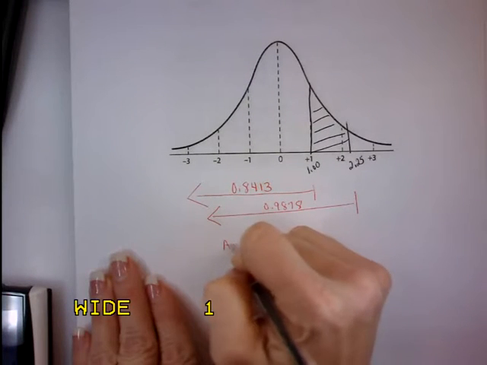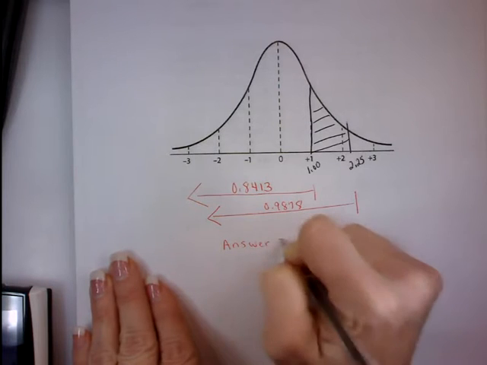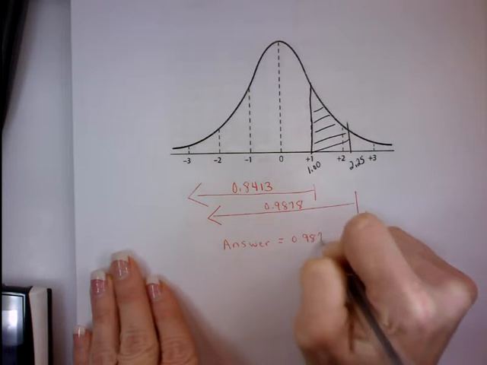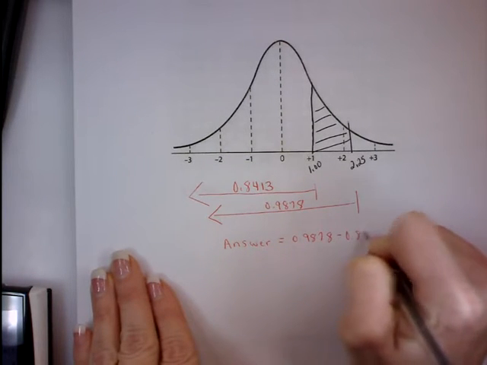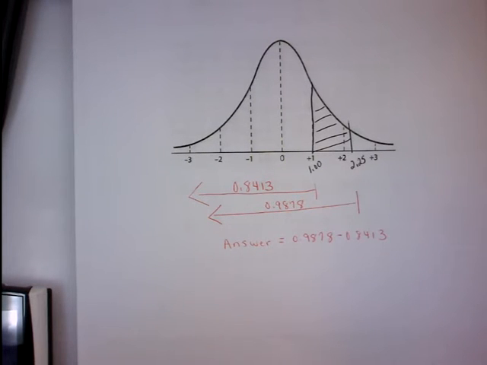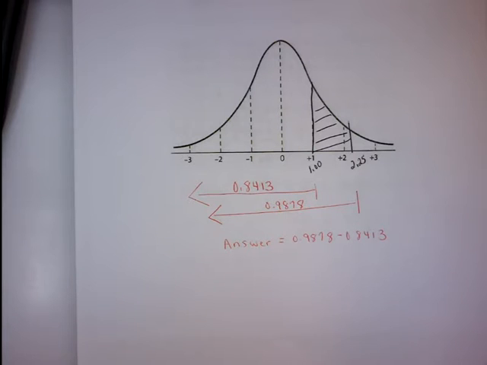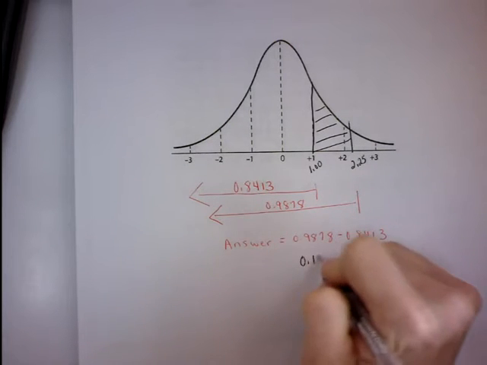So the answer is 0.9878 minus 0.8413. And that difference is 0.1465.